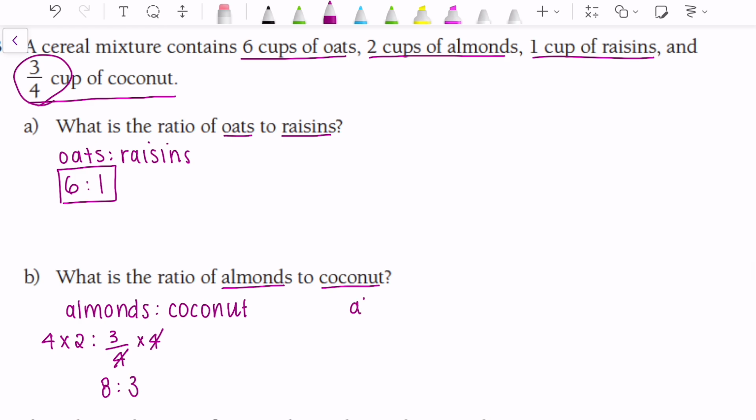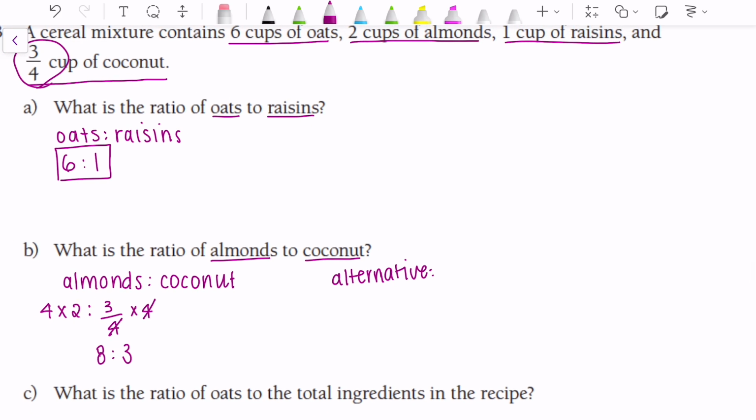Now, an alternative option would be to put it in decimal form. So we can start with our 2, put this into 0.75, and then we have to multiply by 100 to make this work, right? So then we'd be 200 to 75. And then we're going to have a huge reduction that we have to work out.